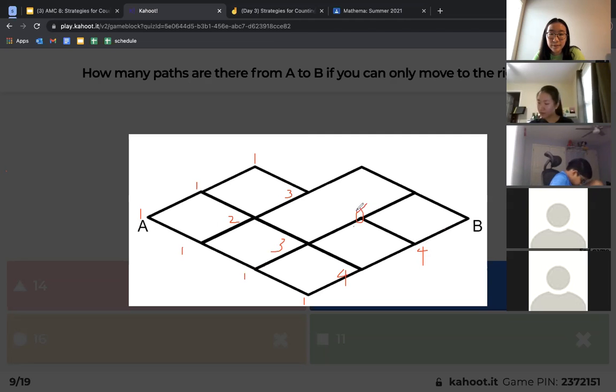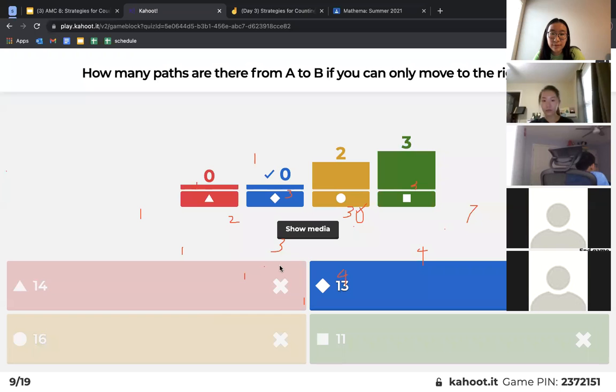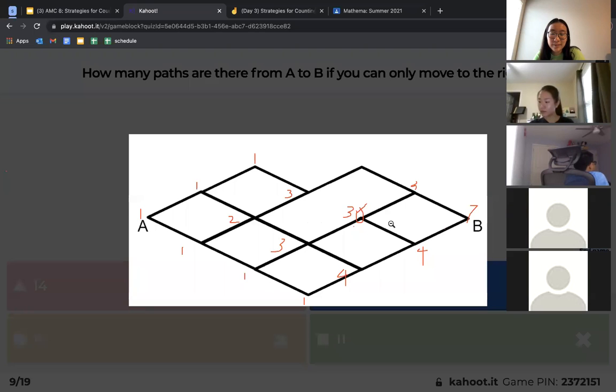Okay, that's gonna be... Oh wait, I think it's 7 plus... I think 3 plus 4 is 7. So the one right there.